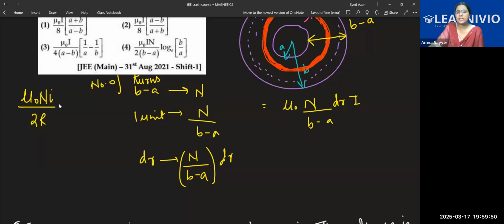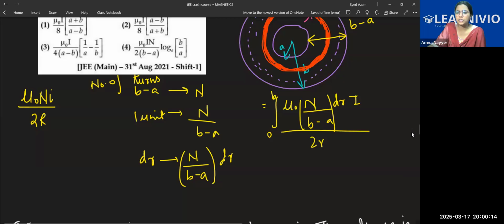So let's write this as it is, this whole divided by 2R. Now, what is the task? Task is to calculate for the whole, not for this dr thickness. So let's integrate it from 0 to the outermost part B. From the center, we are expanding it to the outermost part. Now just the calculation part is left.